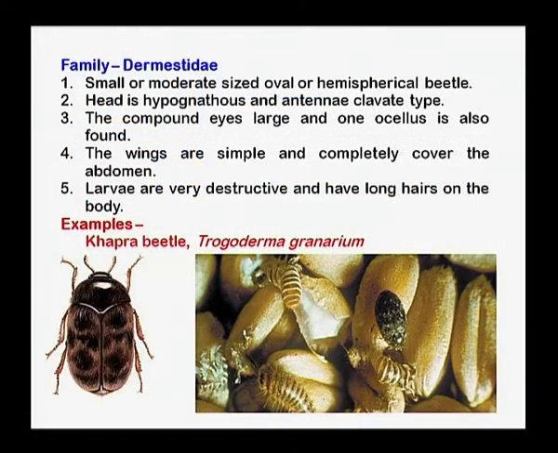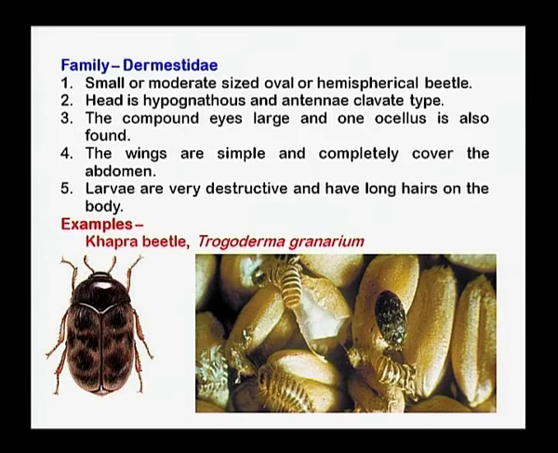different families, starting from Dermestidae. This is one of the important families having small to moderate sized oval or hemispherical beetles. Head is hypognathous. It means the long axis of the head is vertical. Antennae are clavate type. The compound eyes are very large, but an ocellus is present, and only one ocellus or simple eye is present.